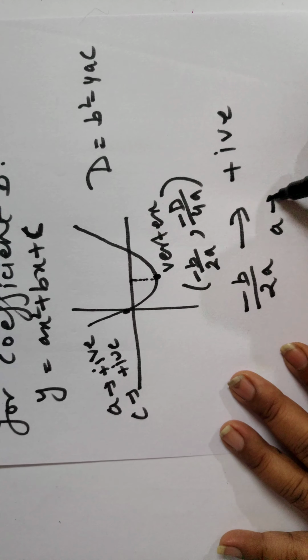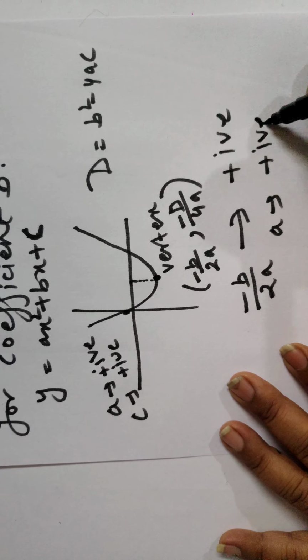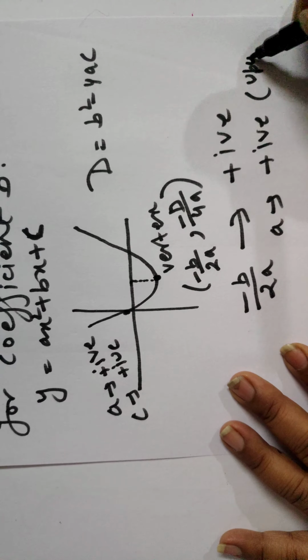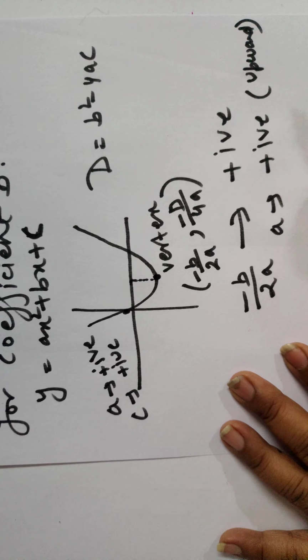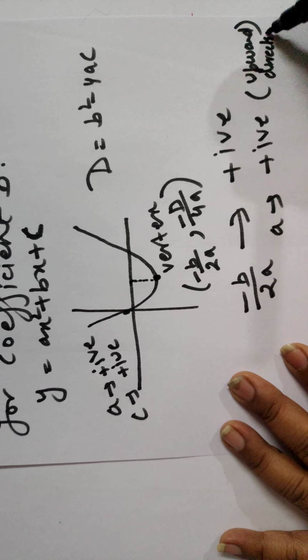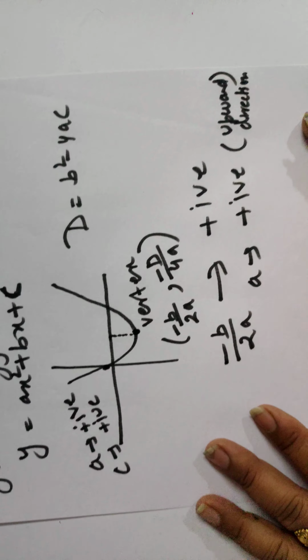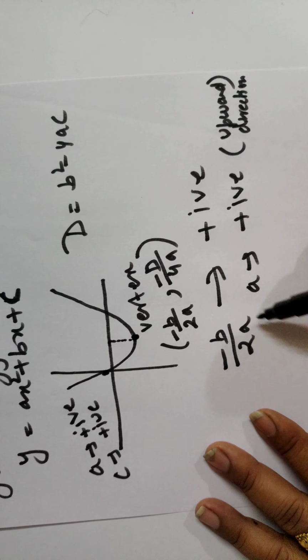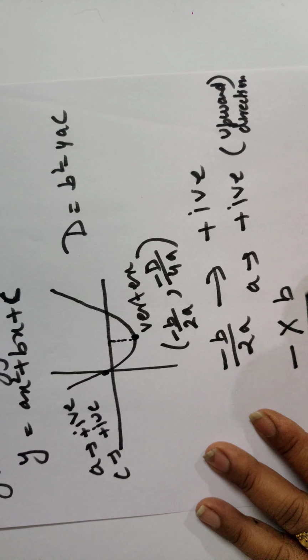A is already positive since the parabola is in the upward direction. So how can we get the whole quantity positive, since A is positive? We want the whole quantity positive.